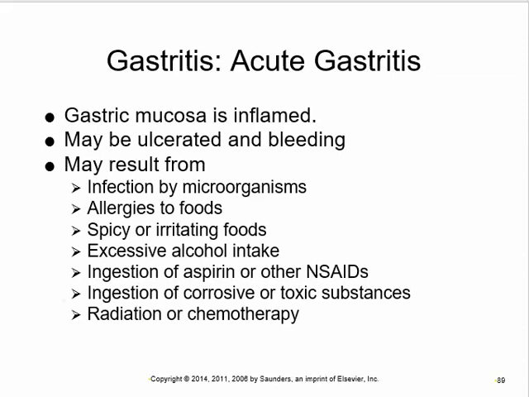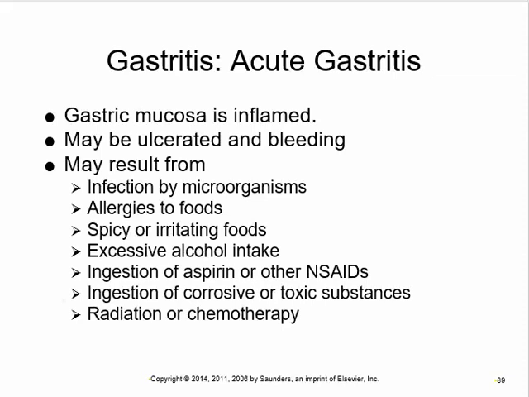Alcohol will do it. Alcohol gets absorbed through the stomach, not through the intestine, and so it's pretty hard on the mucosa. It also damages the protective mucus lining.